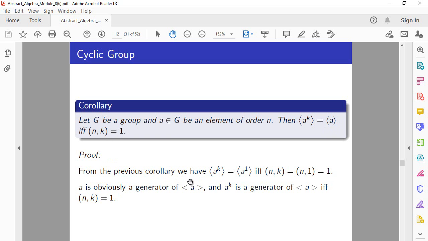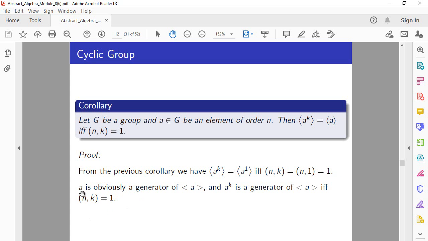Well, by the previous corollary, we know that the subgroup generated by a to the k is the same as the subgroup generated by a, or a to the 1, if and only if the GCD of k and n is equal to the GCD of n and 1, but that's equal to 1. So we see that the subgroup generated by a to the k is equal to the subgroup generated by a if and only if the GCD of n and k is 1, where n is the order of a.